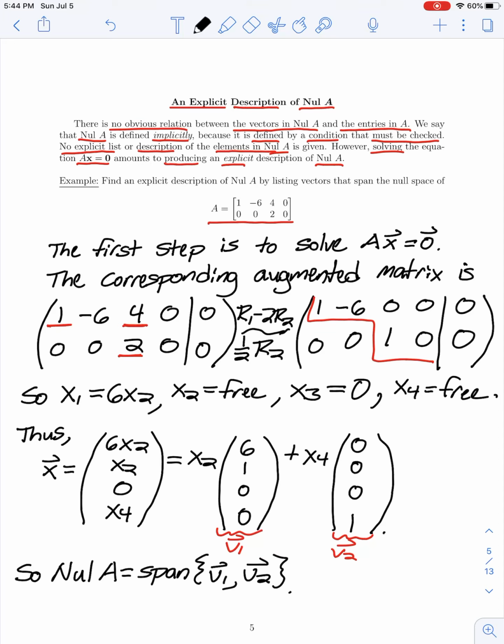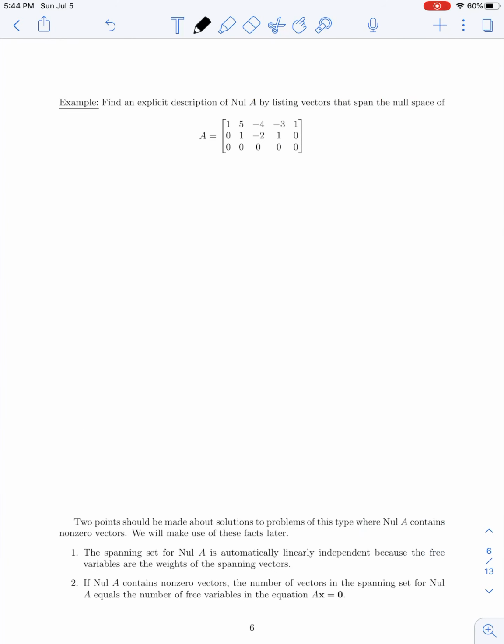All right. So let's look at another one, a similar problem. Here we have a larger matrix, and the problem is the same. We want to find an explicit description of the null space of A by listing vectors that span that null space.